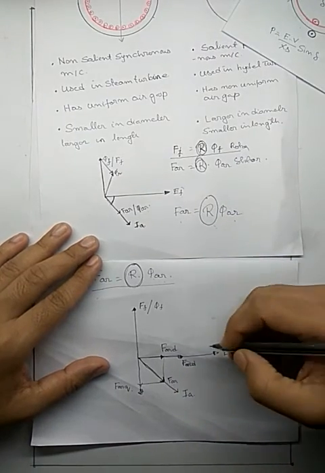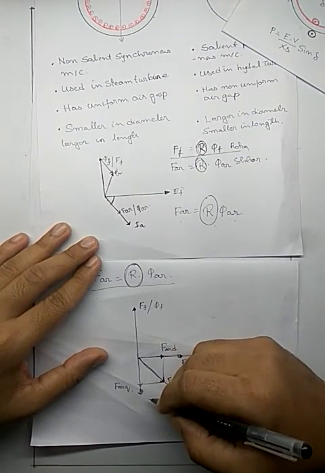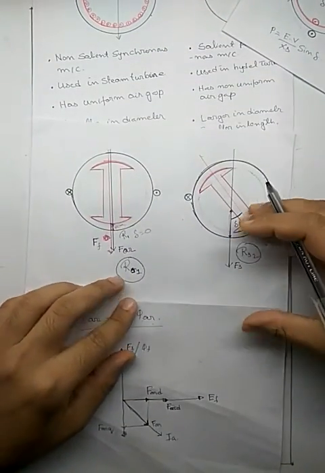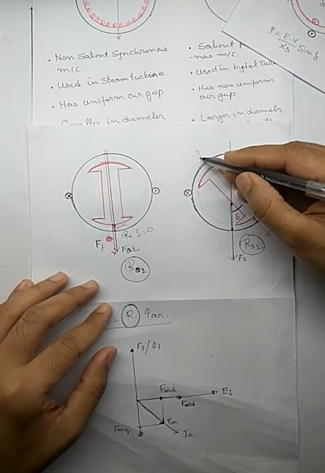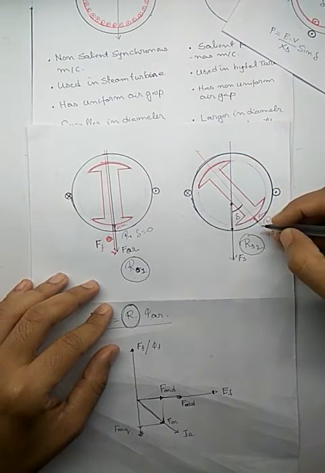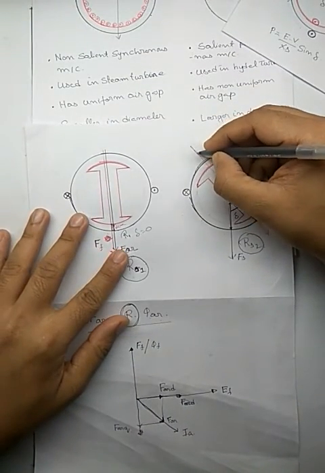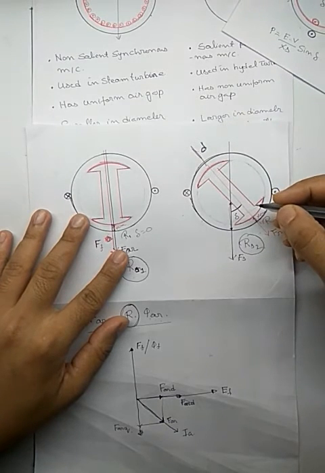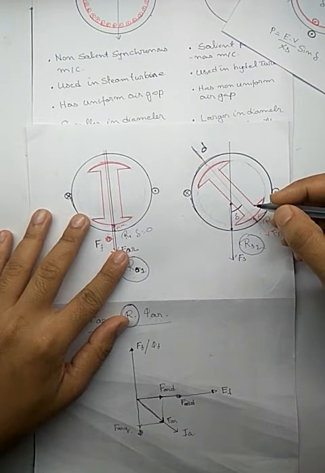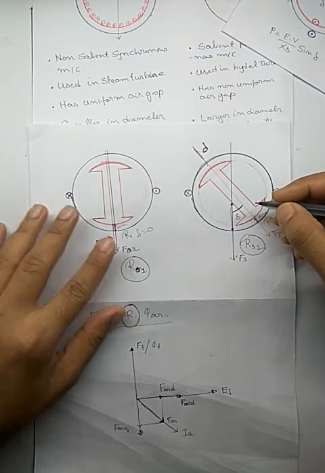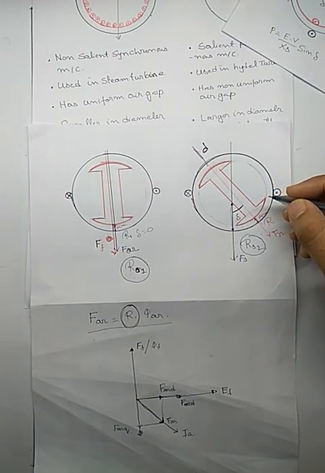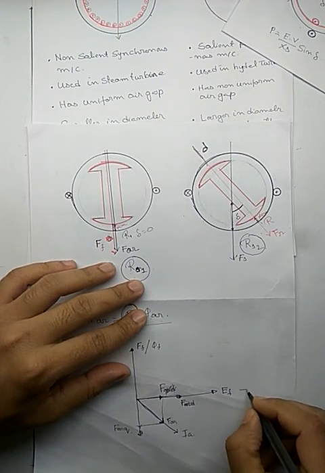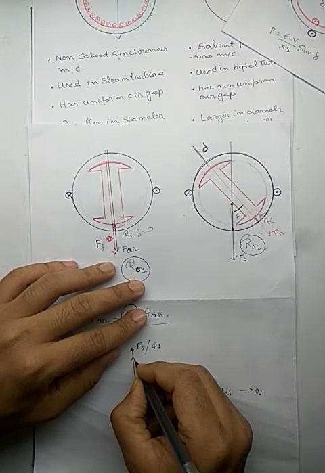One is along E, another perpendicular to E. If this is my direction of flux, then this direction we call D, and the other is Q. I'm sorry for this, this is Q and this is D.